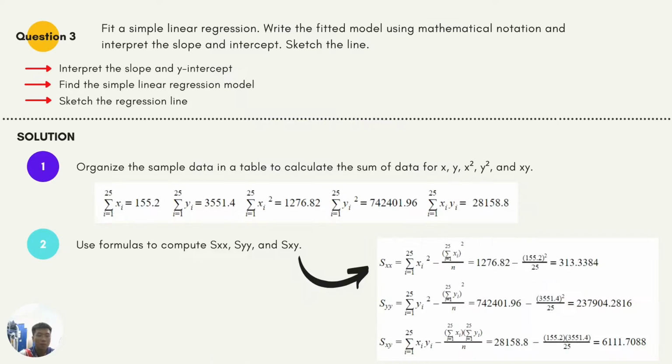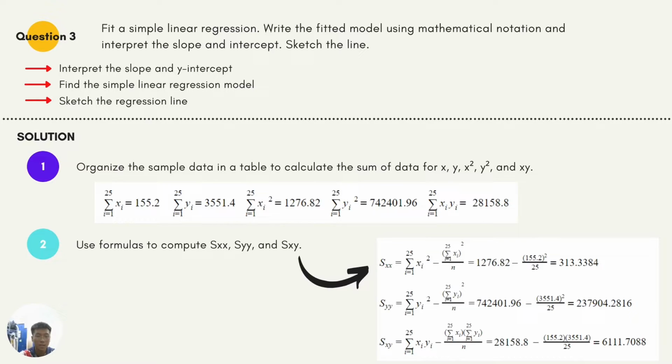From the table, we can easily calculate the sum of x subscript i is 155.2, sum of y subscript i is 3551.4, sum of x subscript i squared is 1276.82, sum of y subscript i squared is 742,401.96, and the sum of xy subscript i is 28,158.8. Next, use the formulas to compute SXX, SYY, and SXY.